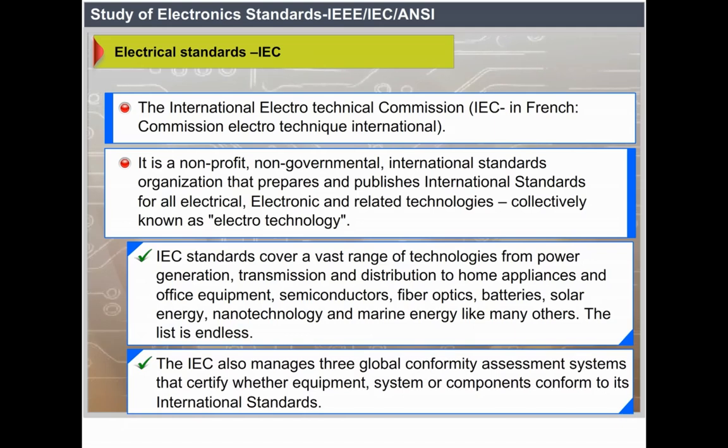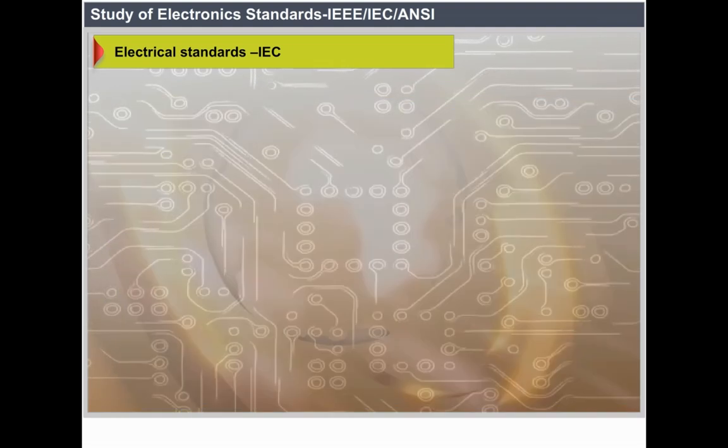The IEC also manages 3 global conformity assessment systems that certify whether equipment, systems, or components conform to its international standards.